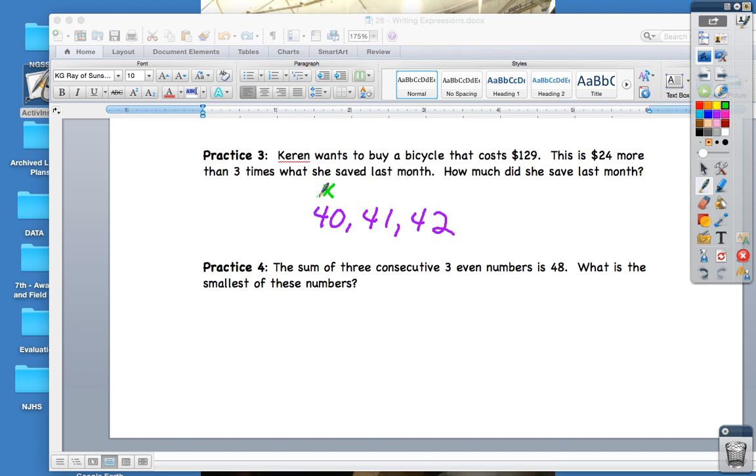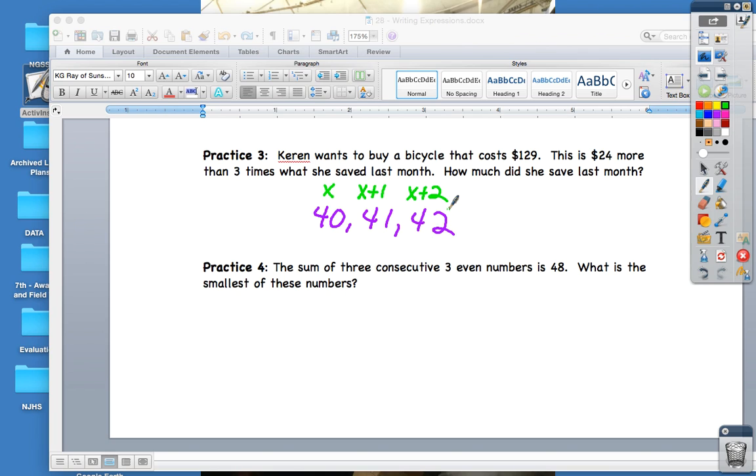How do I get to 41 from 40? X plus 1, right? It's 1 more than 40, right? How do I get to 42? X plus 2. Take a minute and look at that. Does that make sense? Okay, the 41 is 1 more, and the 42 is 2 more.